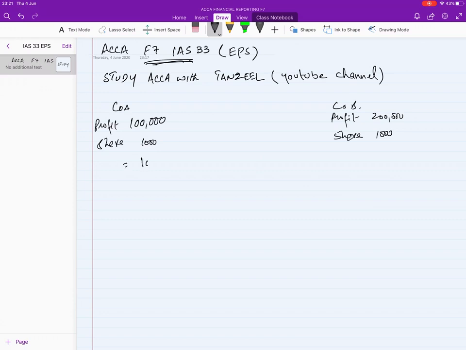In this case, company A's profit is 100,000 divided by 1000 shares, so 100. For company B, 200,000 profit divided by 1000 shares is $200. If a person invests in company A, he will get $100 profit against one share.